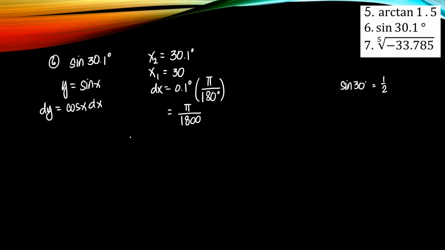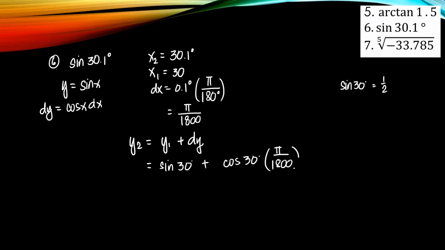So let's approximate. y2 is y1 plus dy. y1 is basically sine of 30 plus cosine of 30 times dx. The dx is pi over 1,800.